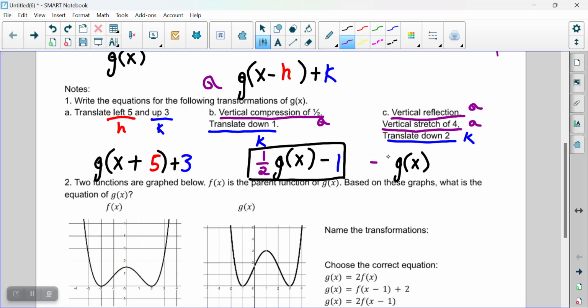How would I write that? Your A is negative 4. The reflection is the negative part, and the stretch is the 4. Plus down 2 is a minus 2. There's your K. Well, there's no reason to put plus minus. Better to just say minus. There's your new function.